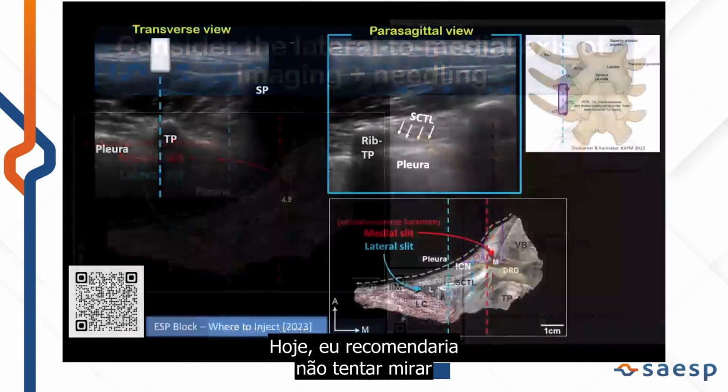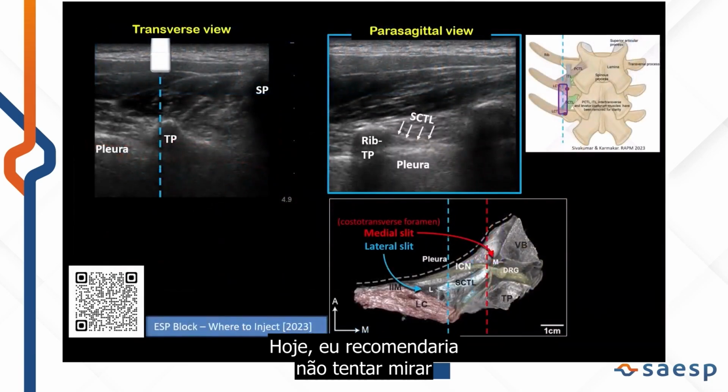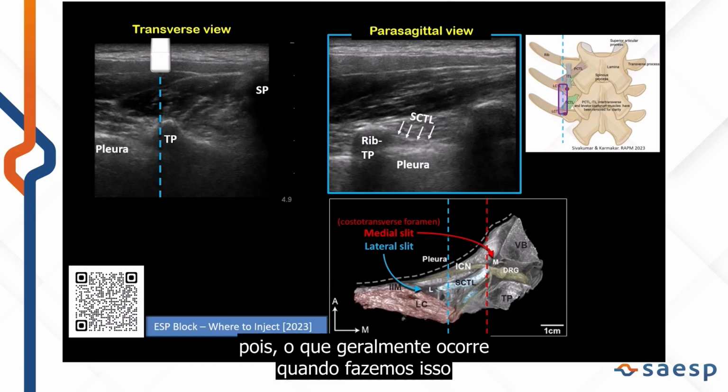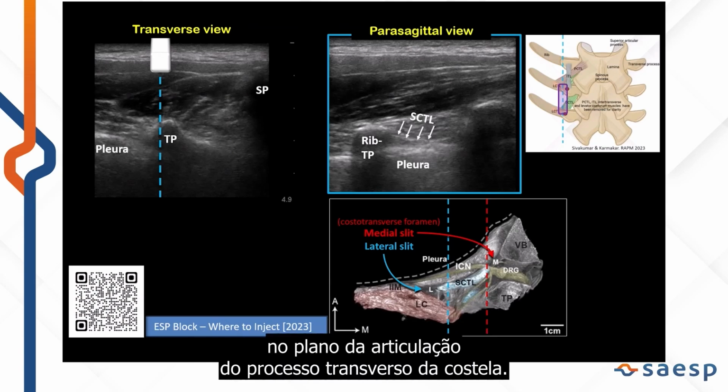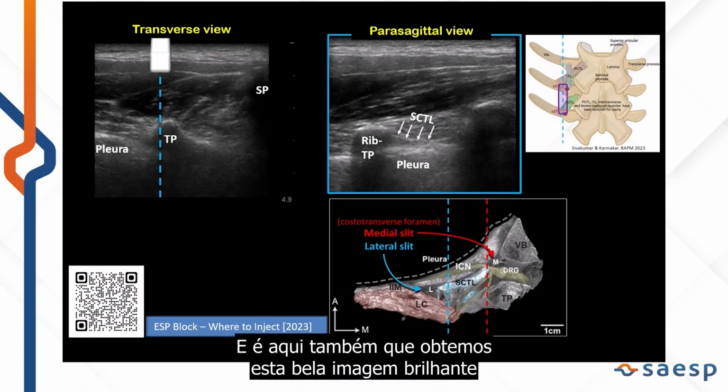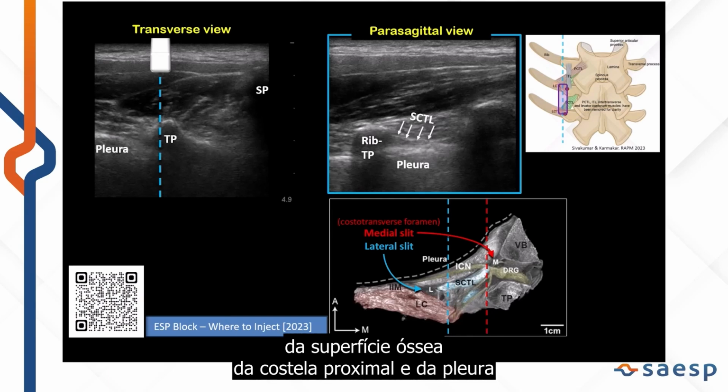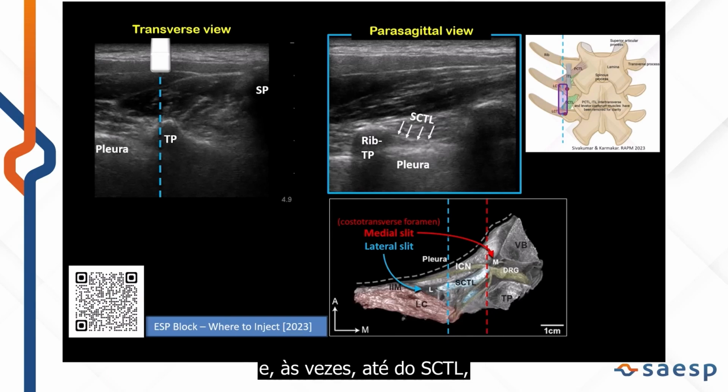And nowadays, I would generally recommend not necessarily trying to target the very lateral tip of the transverse process. Because what often happens when you do this is that you can end up even more lateral in the plane of that rib transverse process articulation. And this is also where you get this nice bright image of the bony surface of the proximal rib and the pleura, and perhaps even sometimes the SCTL, or superior costotransverse ligament.